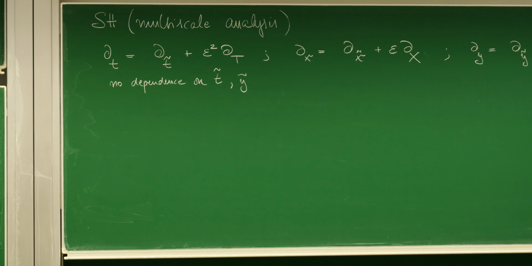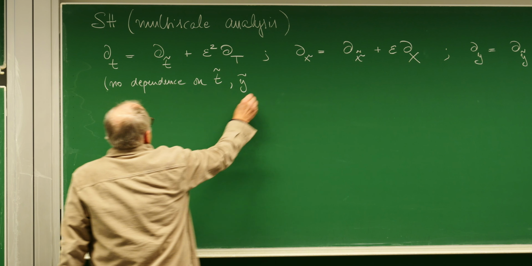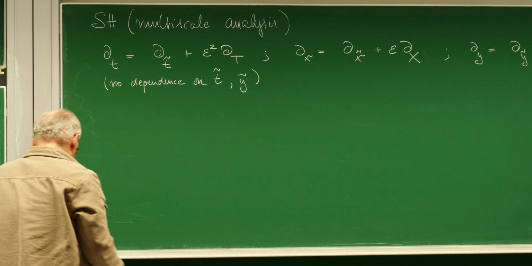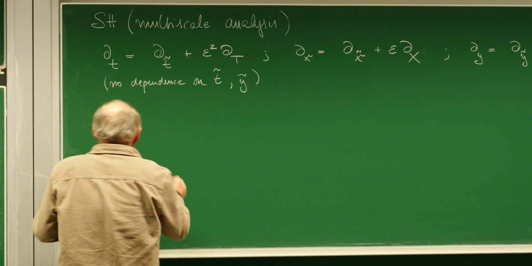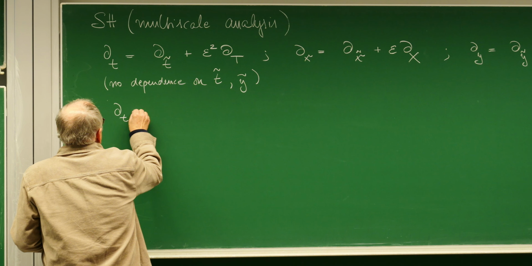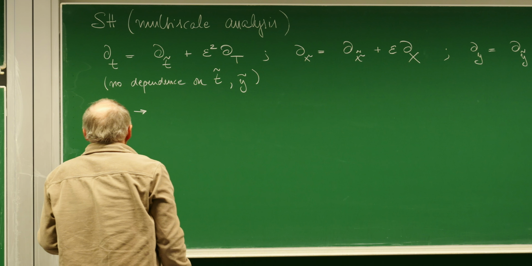Because of our assumptions, we have assumed that we have a stationary carrier wave in x direction. So there's no y variable involved, and there's also no time involved. That's why we do not have any dependence on that. And that means then if we want to translate our derivatives, the dt is simply turning into epsilon squared dT.